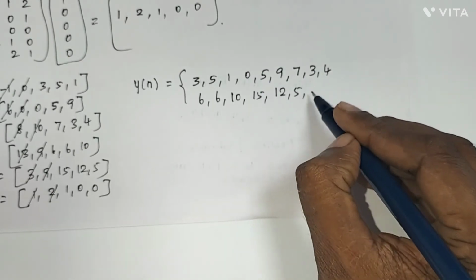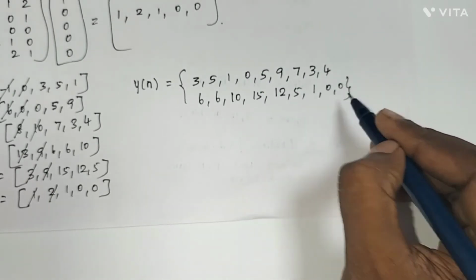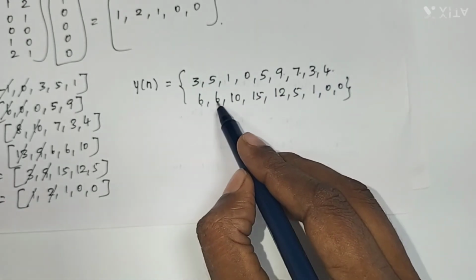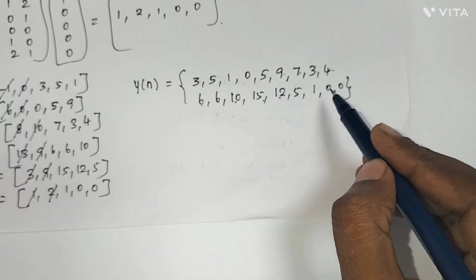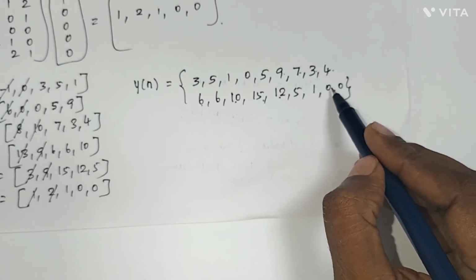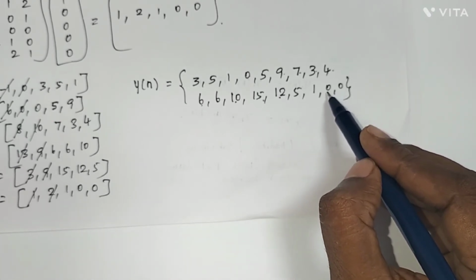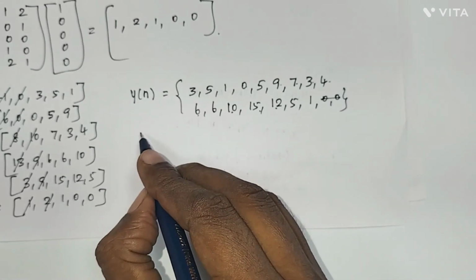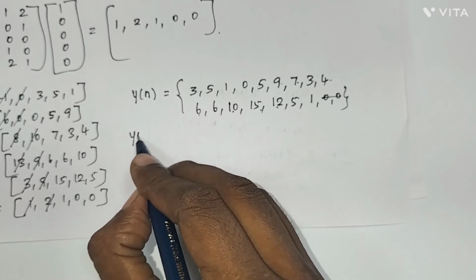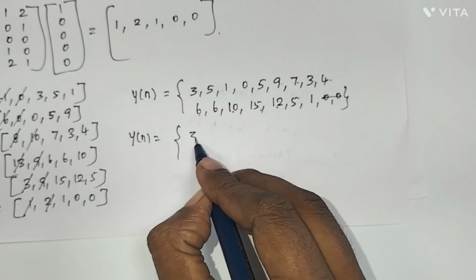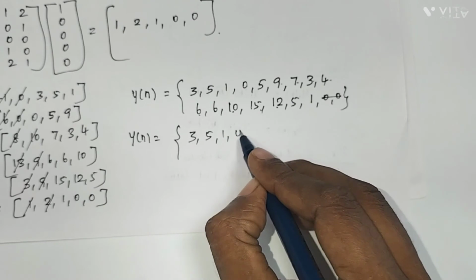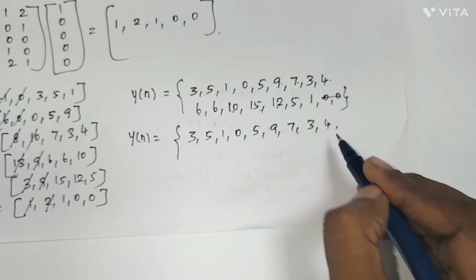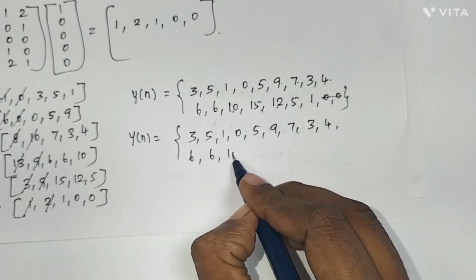The total terms are 1, 2, 3, 4, 5, 6, 7, 8, 9, 10, 11, 12, 13, 14, 15, 16. So the total output sequence should be 16. You can keep the last 0 term or you can discard it. Then the final sequence is y of n is equal to 3, 5, 1, 0, 5, 9, 7, 3, 4, 6, 6, 10, 15, 12, 5, 1.